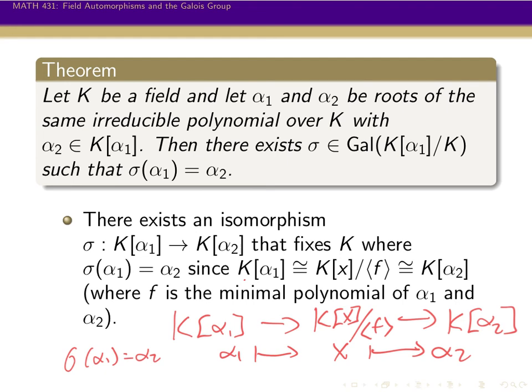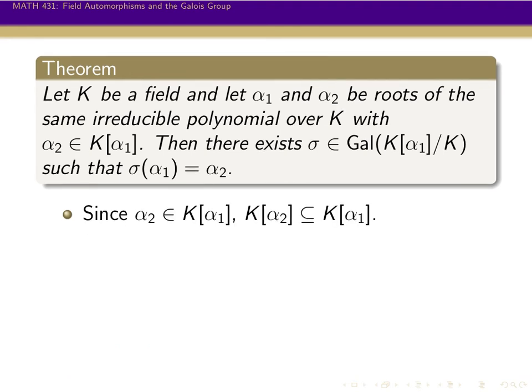Now what we need to prove is that this really is a member of the Galois group of K adjoin alpha 1 over K. We know that alpha 2 is inside K adjoin alpha 1; this was one of the things supposed to be true in the statement.